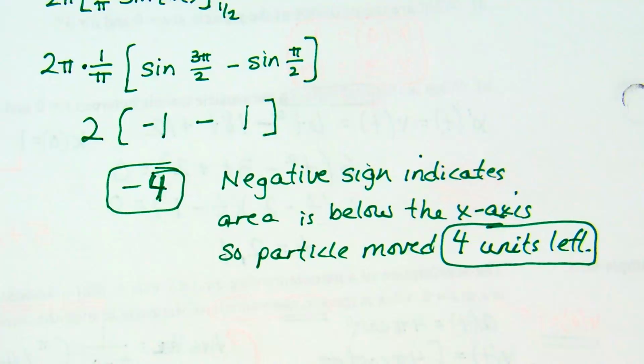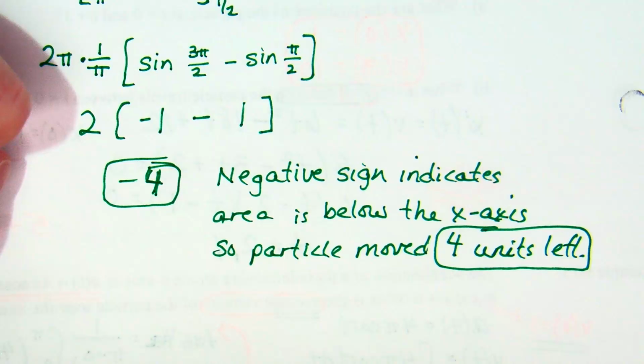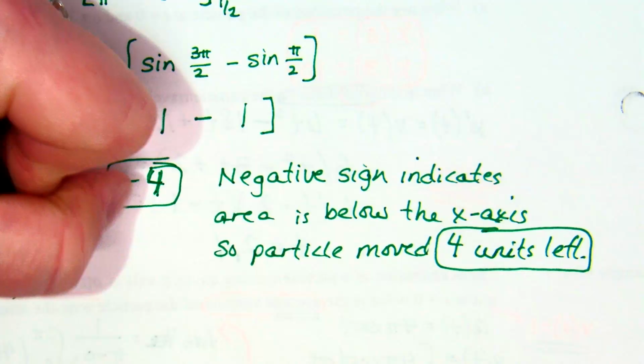Okay. So negative sign indicates the area is below the x-axis, so the particle moved 4 units left. Are those equivalent answers, -4 and 4 units left? Yes.